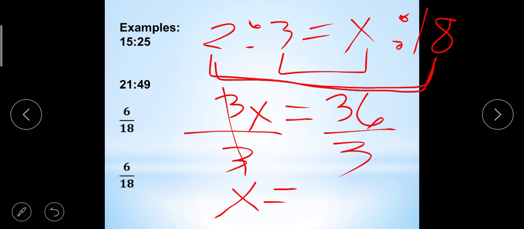36 divided by 3. Ilan po? Are you sure it is 11?